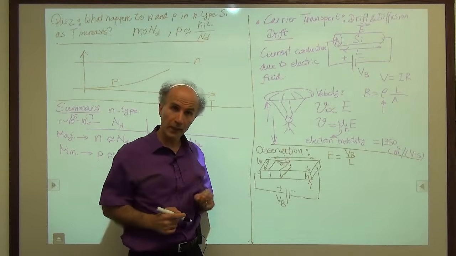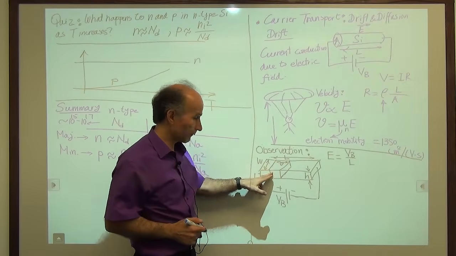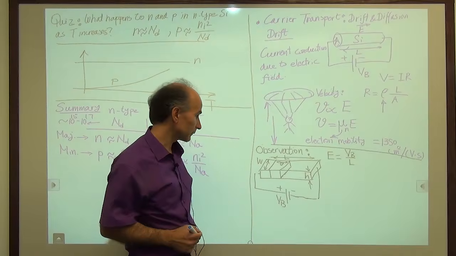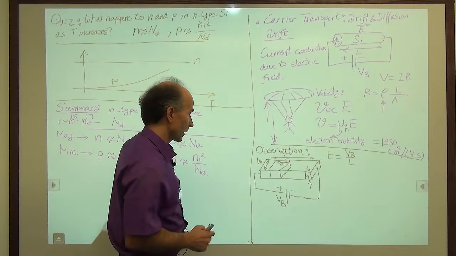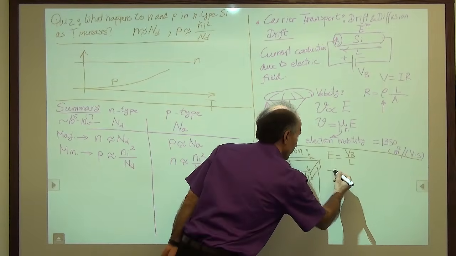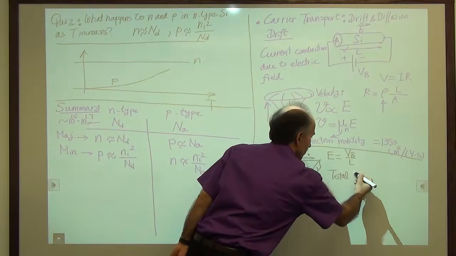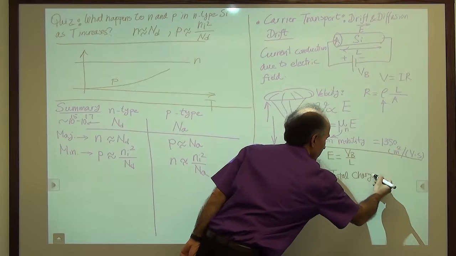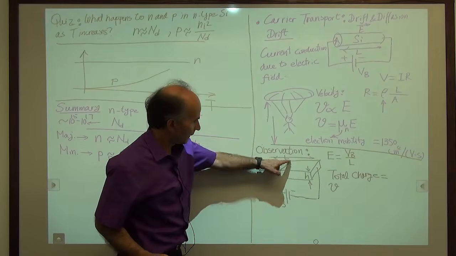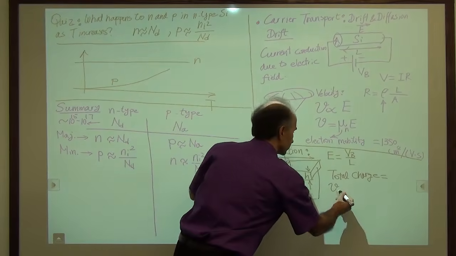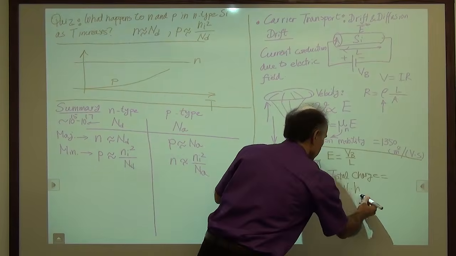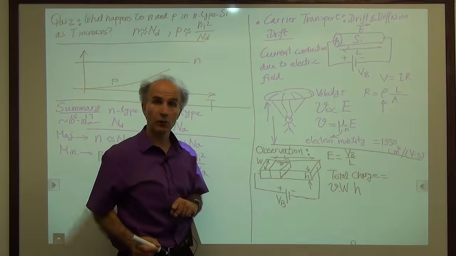Okay, so what we need to do is find the total charge that we have, the total free charge that we have in this rectangular prism. So it shouldn't be that hard. This dimension is V. So total charge is equal to, this dimension is V, this dimension is W, this dimension is H. That's the total volume.